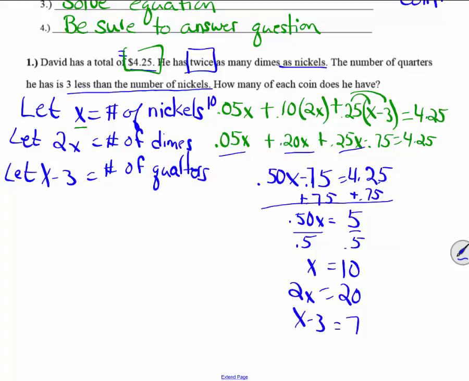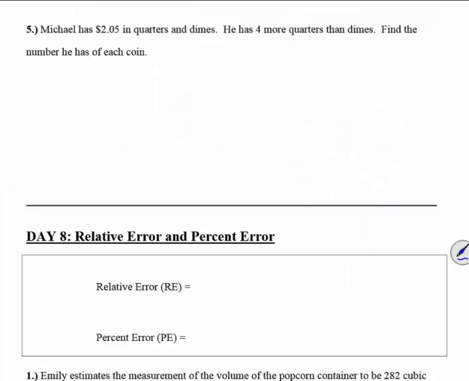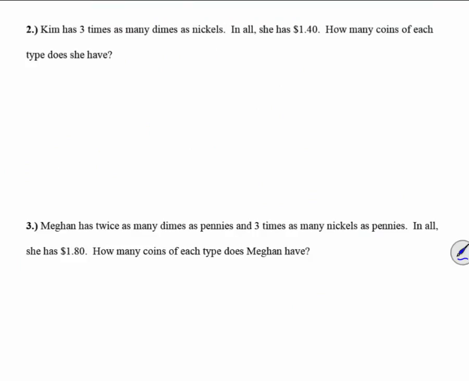Okay, no, see, now I went too far. Of course, the board's being really slow today as we're trying to do this. All right, Kim has 3 times as many dimes as nickels, and all she has is $1.40. How many coins of each type does she have? So here's where they're talking about it, and we're going to get our let statement.